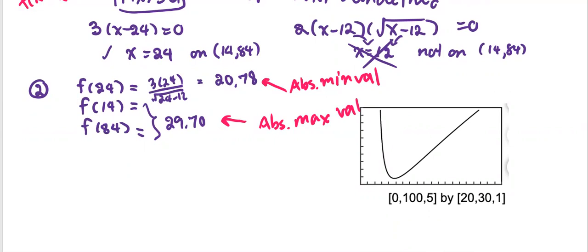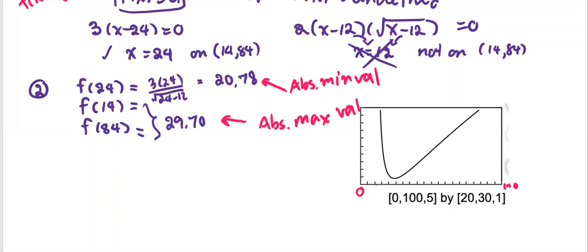And you can use a graphing calculator to verify. Also, for the absolute max and absolute min here, from this window, they give 0, 100, 5. So that means x starts at 0, and the x max for the window is 100, and the increment is by 5.